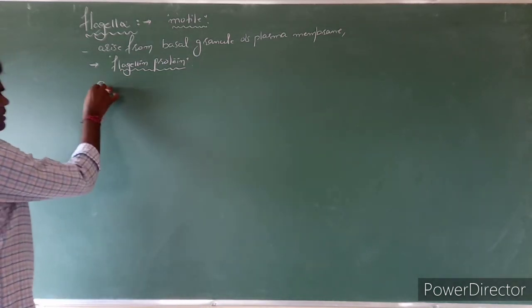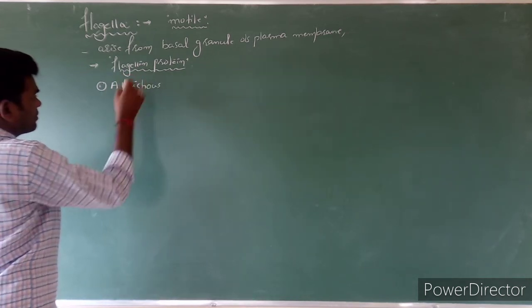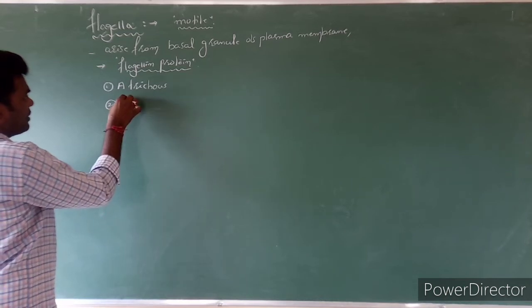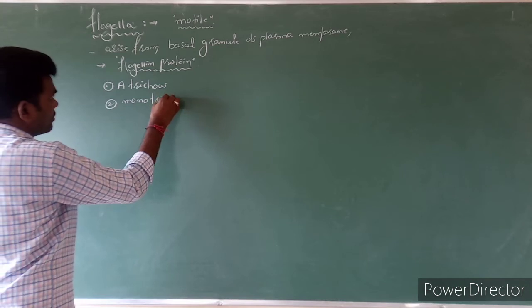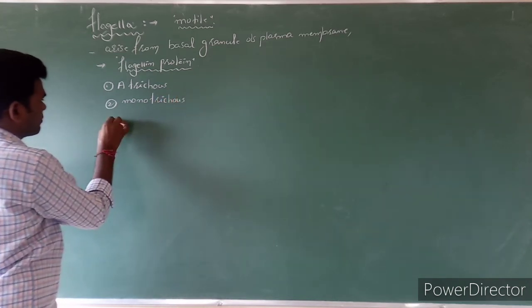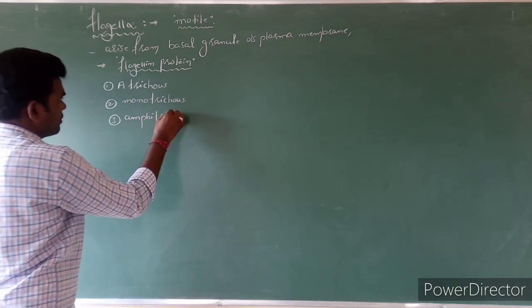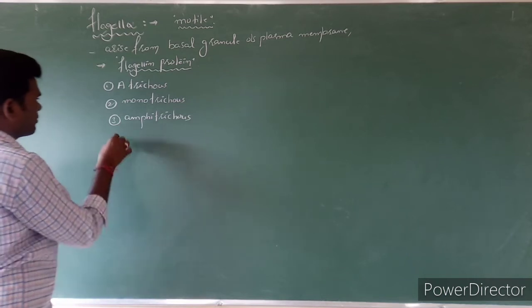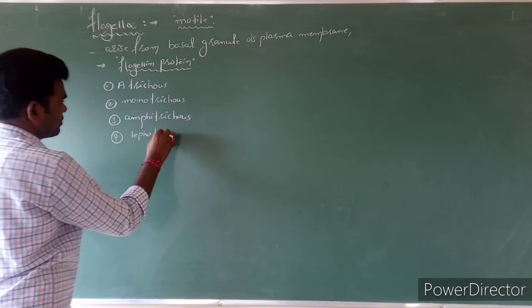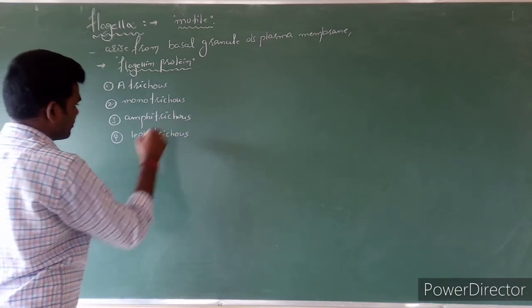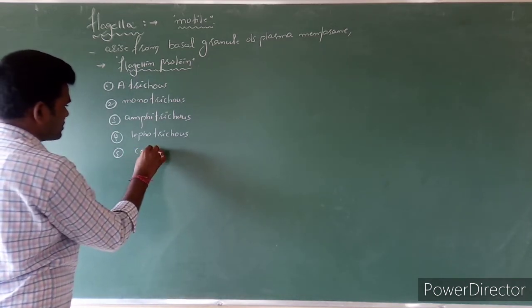The first one is Atrichous, Monotrichous, Amphitrichous, Lophotrichous, and fifth one is Cephalotrichous.